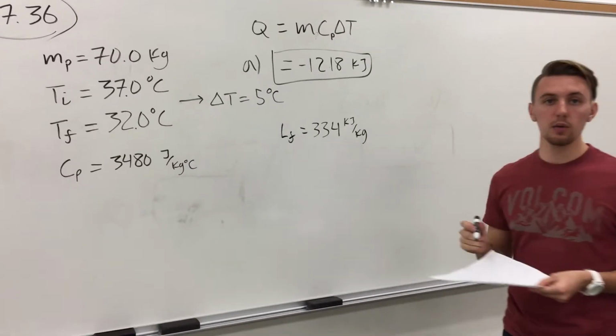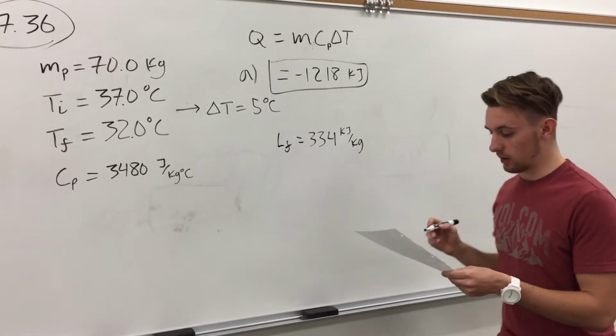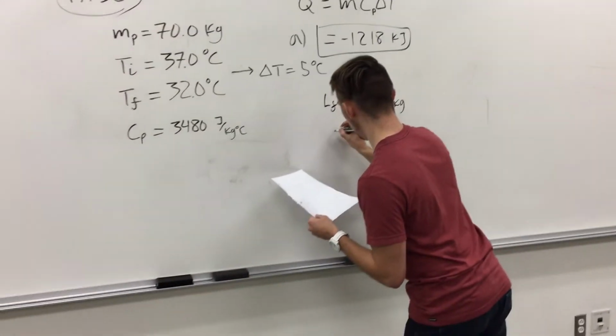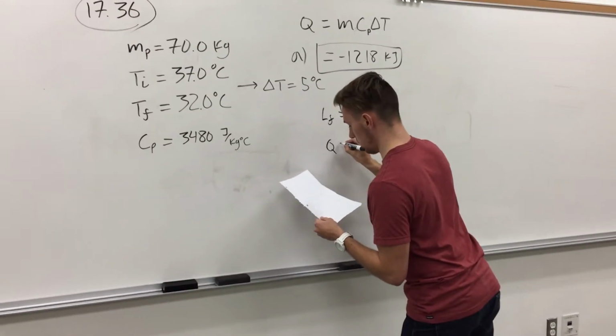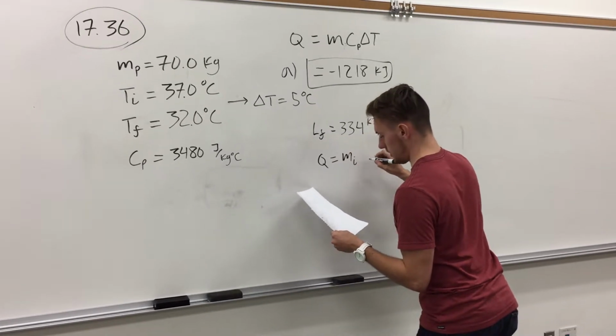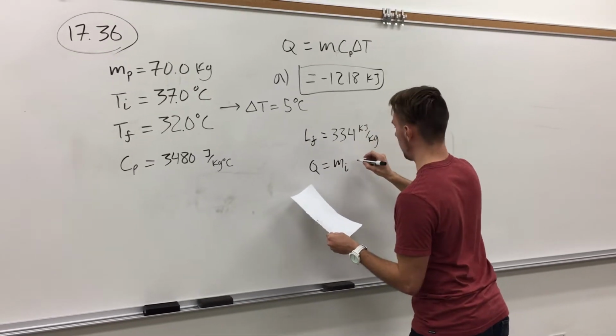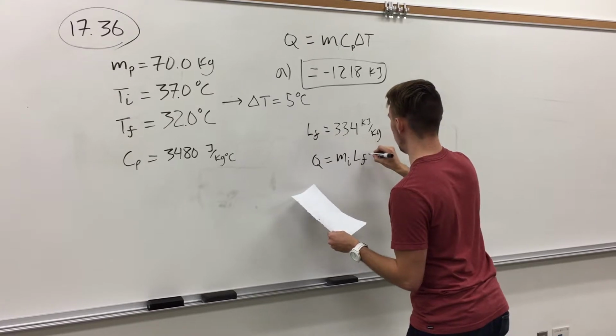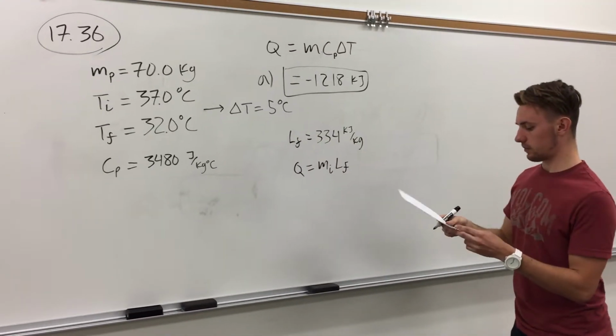And we know that the heat received by water at 0 degrees is going to be represented by the equation Q equals the mass, and that's going to be the mass of the ice, times the latent heat of fusion for the water.